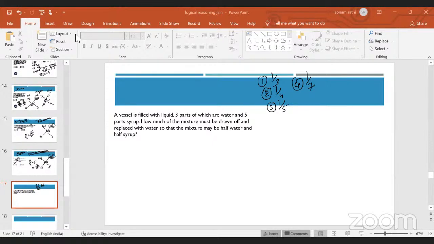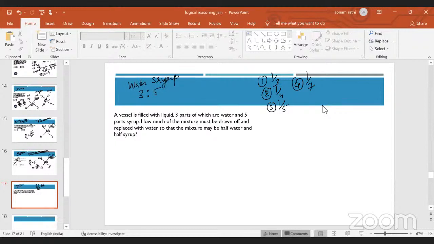Tell me, anyone, can you think of the logic for how to do it? A vessel is filled with liquid, 3 parts of which are water and 5 parts syrup. So 3:5, water is to syrup.